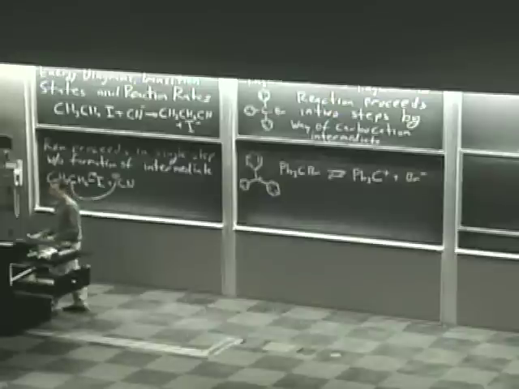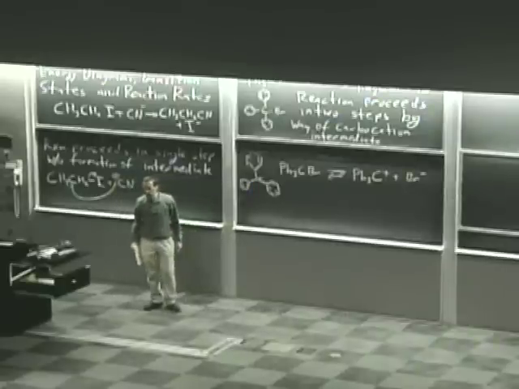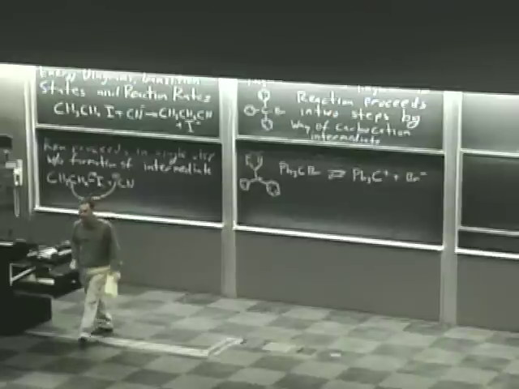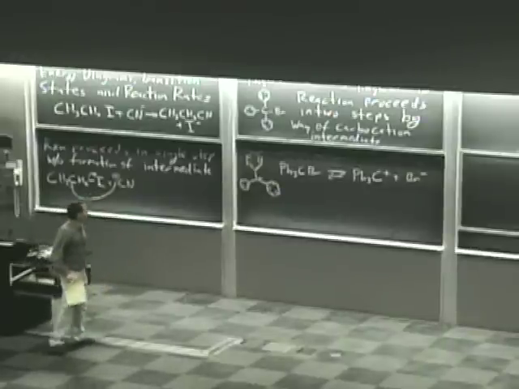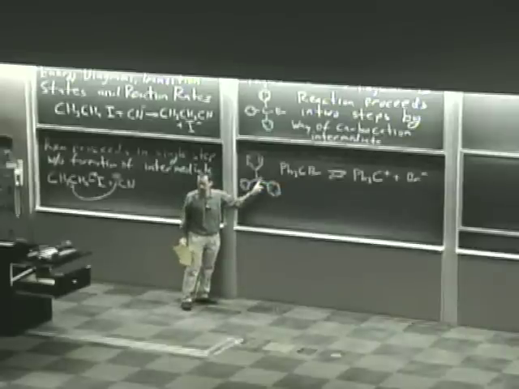There are 2 reasons why this carbocation can form. One of them is a little more obvious than the other. The more obvious reason in this case is resonance stabilization. You can write many resonance structures that spread out the positive charge.